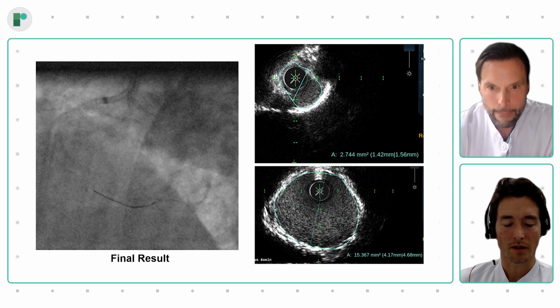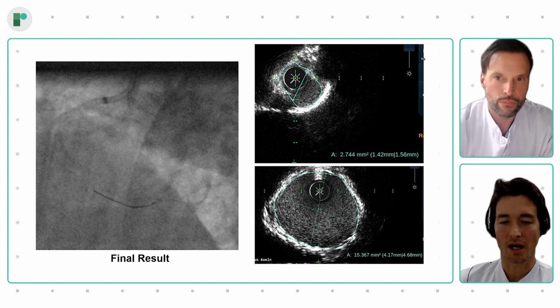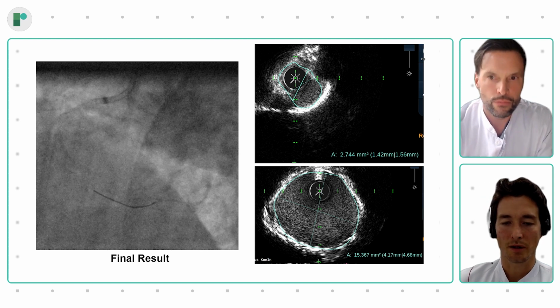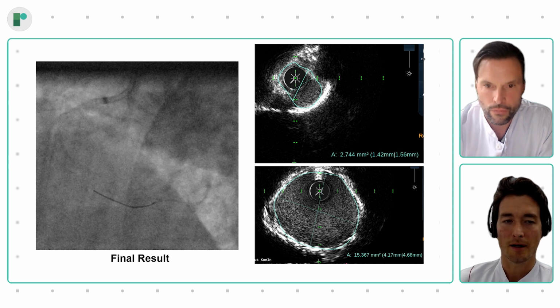Yeah, and I think that it's not only the pre-PCI assessment that you have to focus on. Of course, this is crucial before embarking on a stent strategy, but the post-PCI assessment is crucial too, because even if you're the most experienced operator, you will be surprised by some findings if you are not used to IVUS.